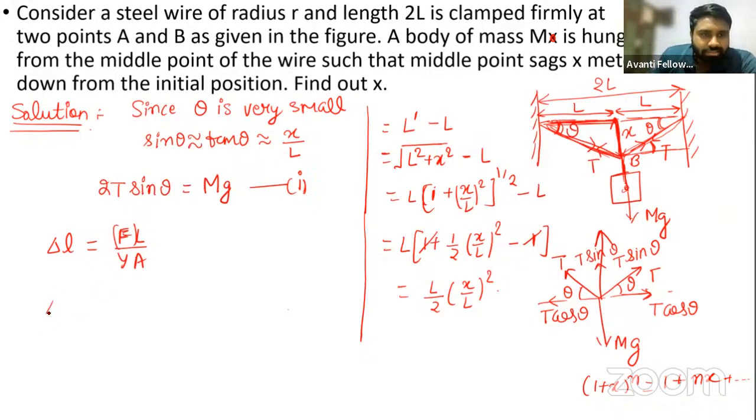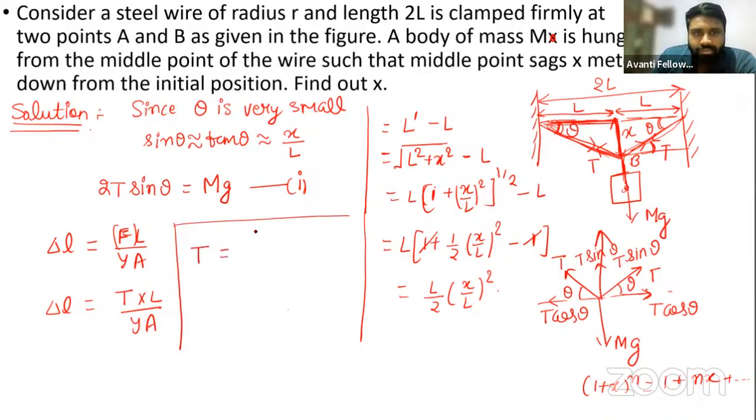So delta L is equal to tension into original length divided by Y into area of the wire. So if you calculate the value of T, it will be YA delta L upon L.